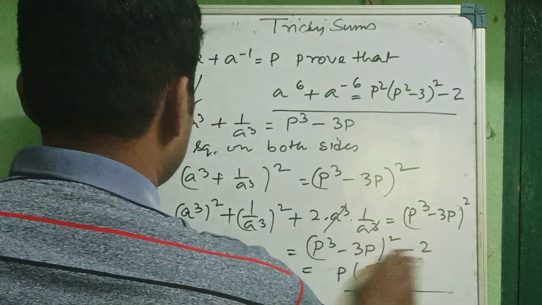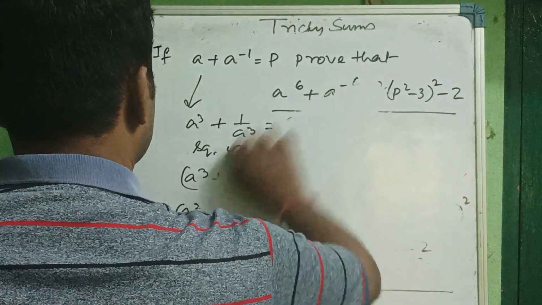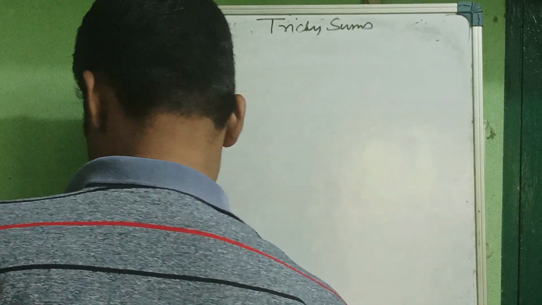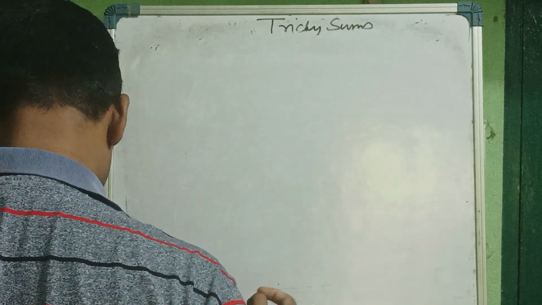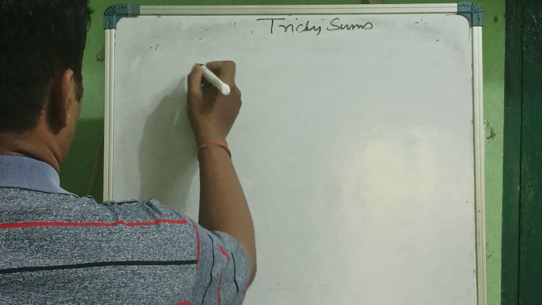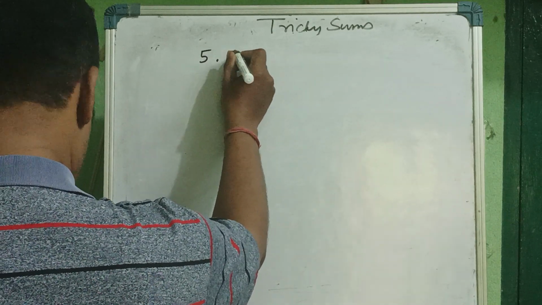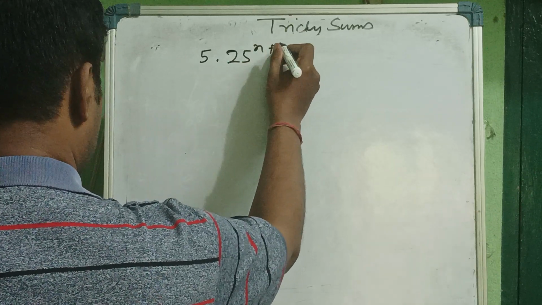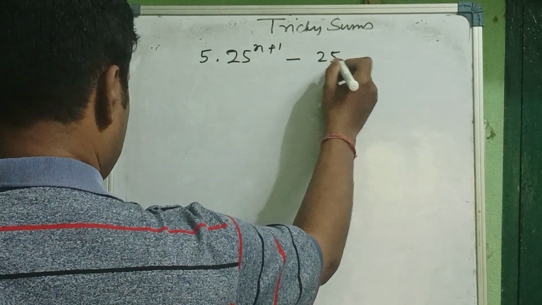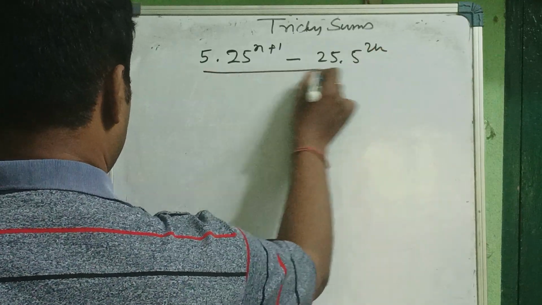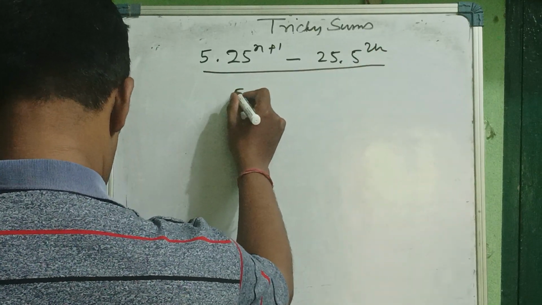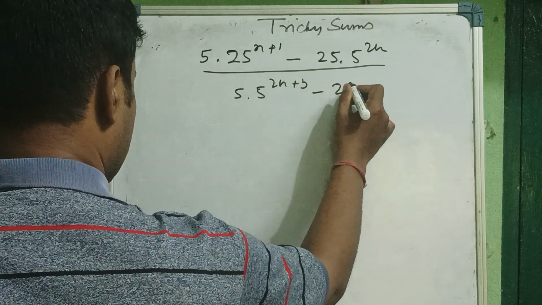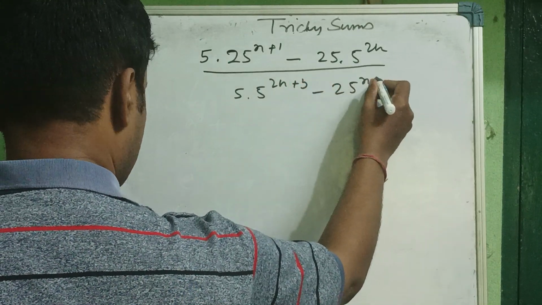Let's simplify. 5 into 25 to the power n plus 1 minus 25 into 5 to the power 2n, divided by 5 into 5 to the power 2n plus 3 minus 25 to the power n plus 1.